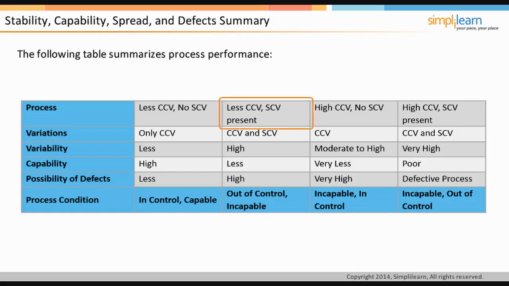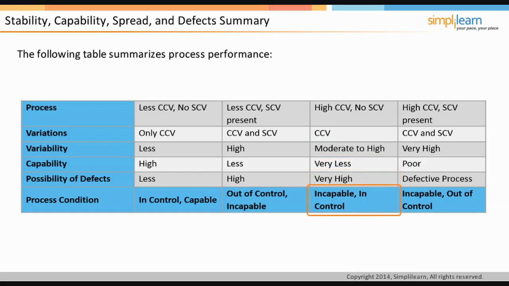Next, if the process has lesser CCV and some SCV are present, then it has high variability, low capability, and a high possibility of defects. The process is said to be out of control and incapable. The third possibility is that the process has high CCV and no SCV. In this case, the variability is moderate to high, the capability is very low, and possibility of defects is very high.